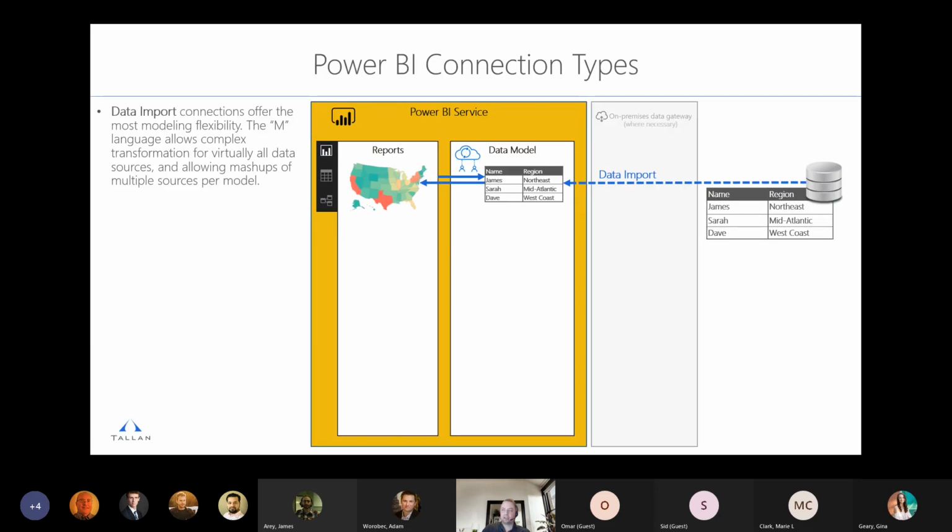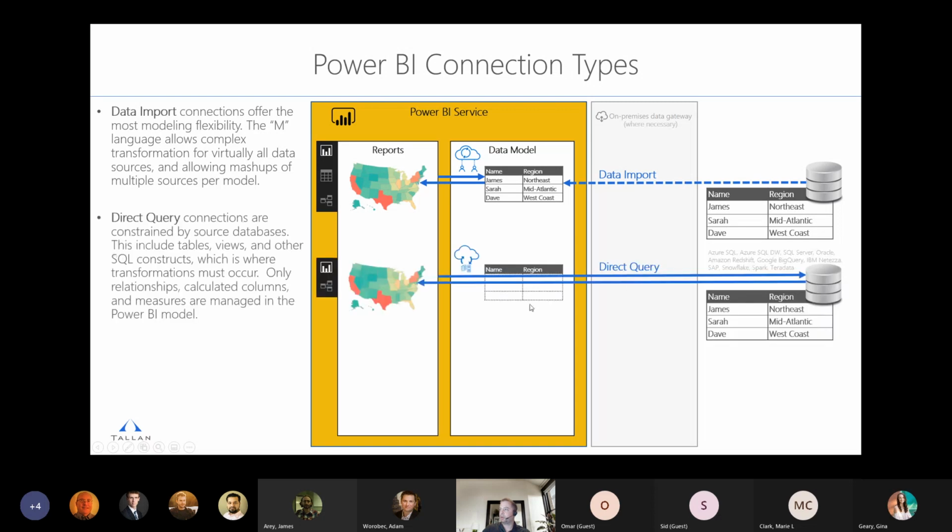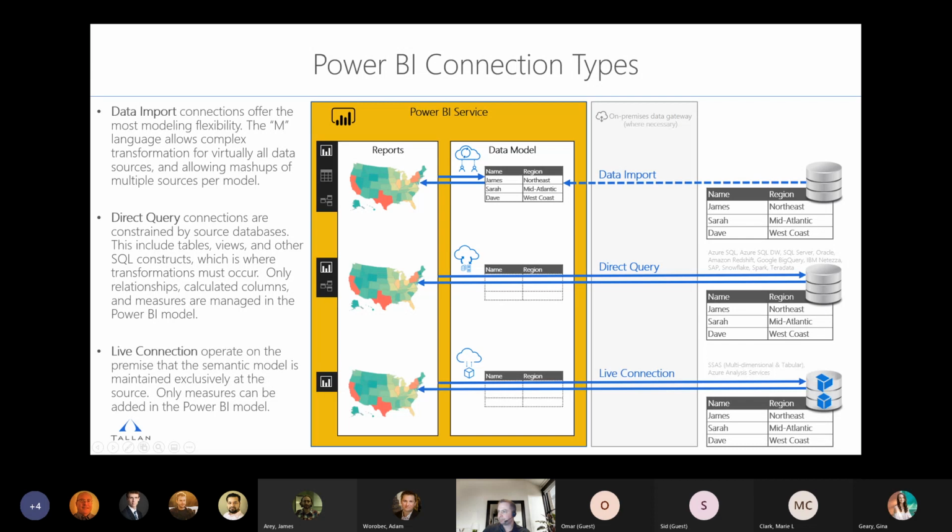Power BI has a couple different connection types. Import, where you're pulling data from a database into the Power BI service, and then you're feeding your reports from there. Direct query, where you don't actually store the data in the Power BI service, just the structure, and then every interaction with a report sends small queries and retrieves small amounts of data to build that report all the way back to the source database. And then the last was live connection.